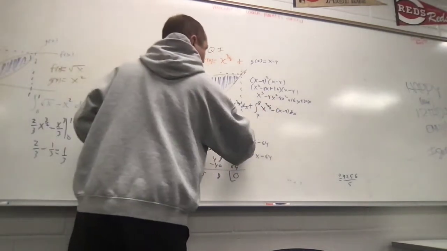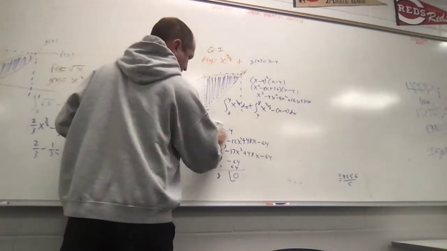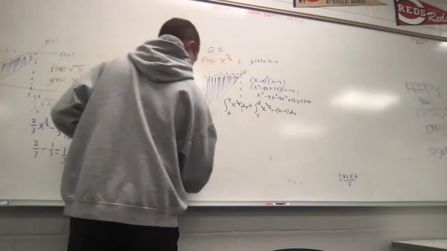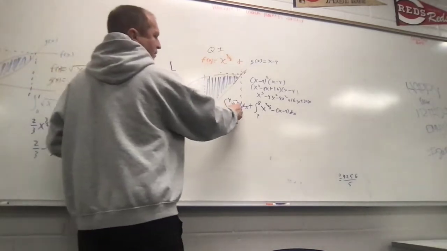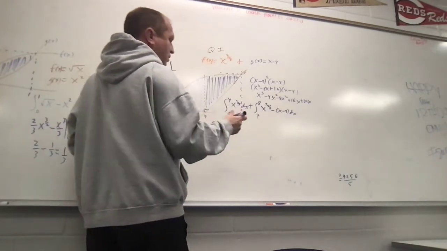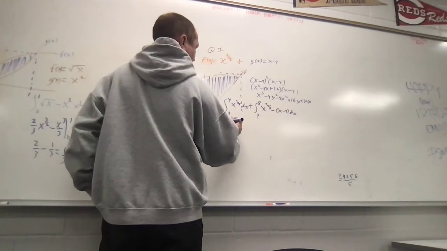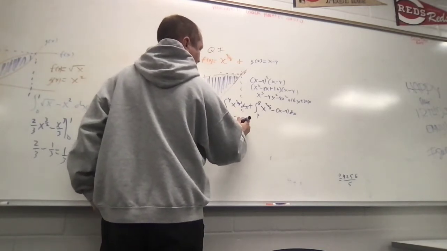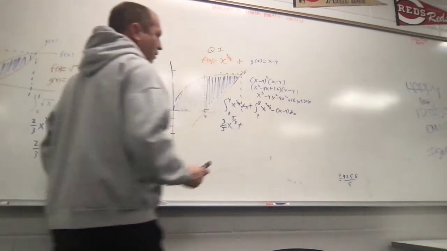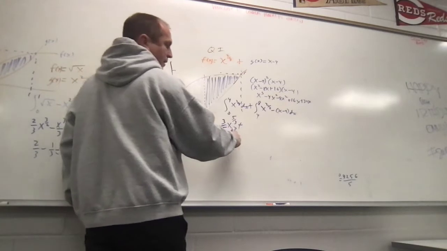And now I'm going to go about integrating it. So clear this off. Antiderivative of x to the 2/3, that would be plus 3/3, so it would be x to the 5/3. So we get 3/5 x to the 5/3 plus. All right, now it again would be minus 0 when we plug in 0 here.